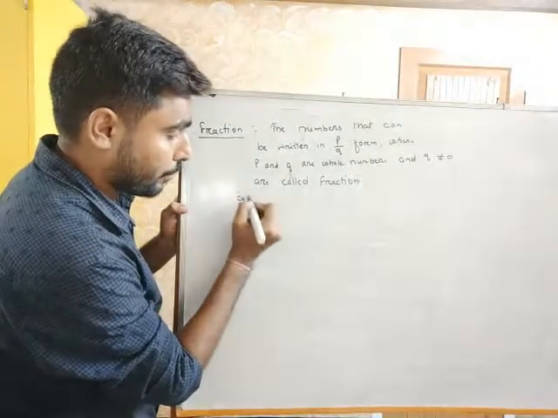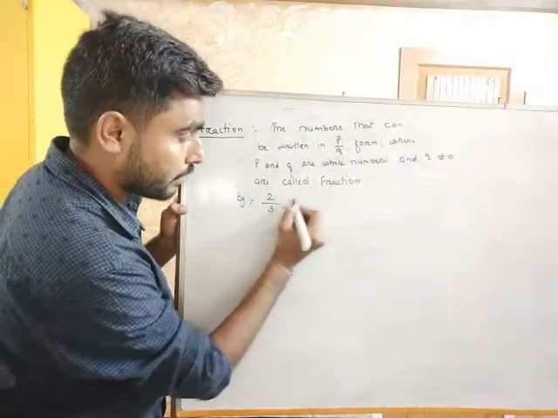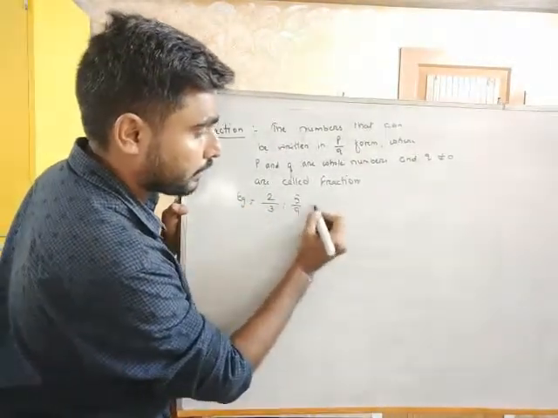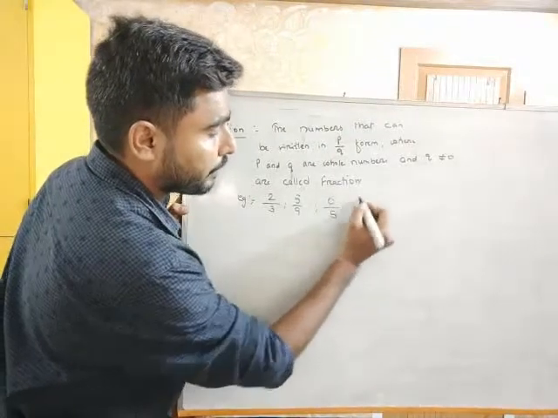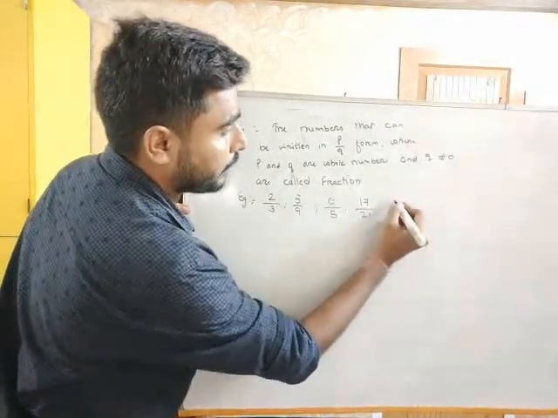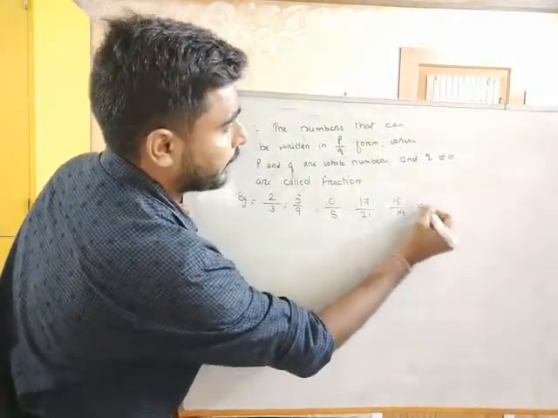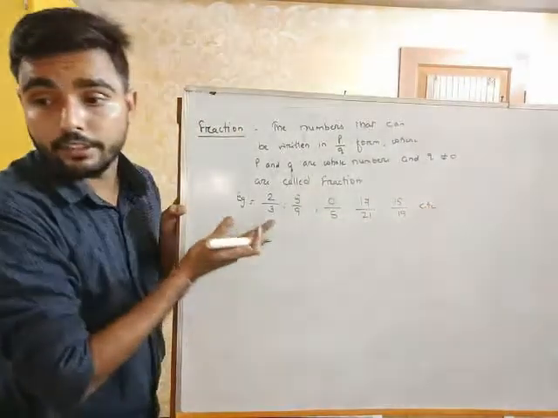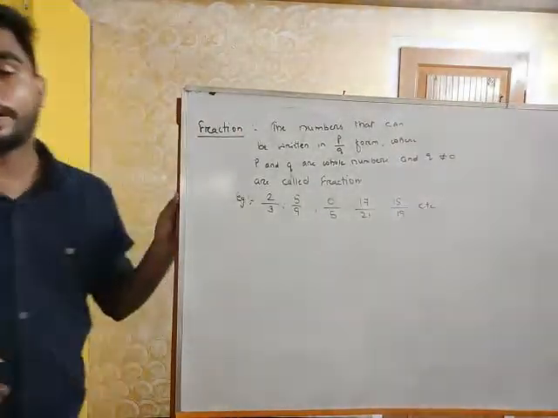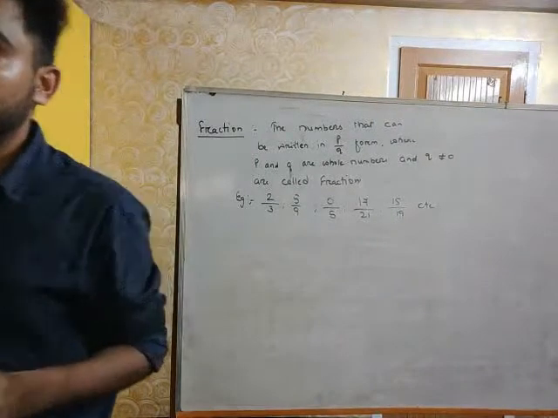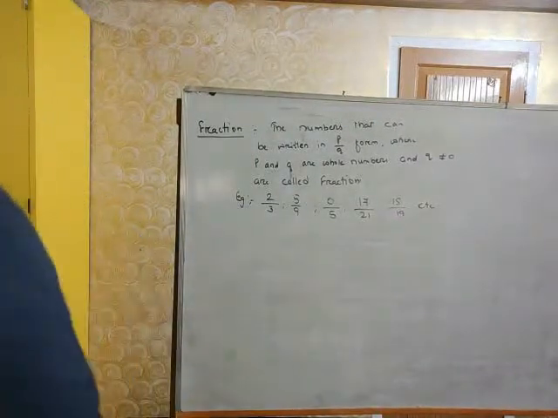For example, we can take 2/3, 5/9, 0/5, 17/21, 15/19, etc. Can I take a negative here? No, I cannot take a negative. Why? Because it is a fraction. If we take a negative, which category will it go to?